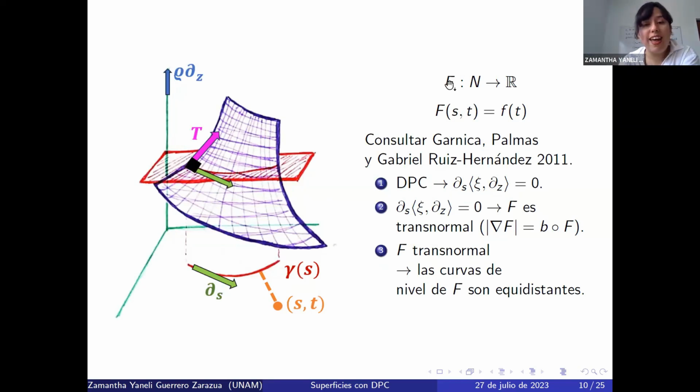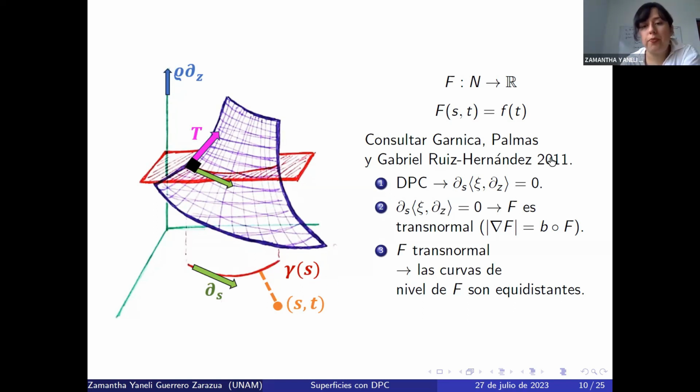And we're going to assume that F is going to be that graph from N to R. And what our parameterization gives us is that if of s, t, that is, we take that point, which is at a distance t from an initial curve gamma, and we're going to lift it to the same height along all the equidistants.